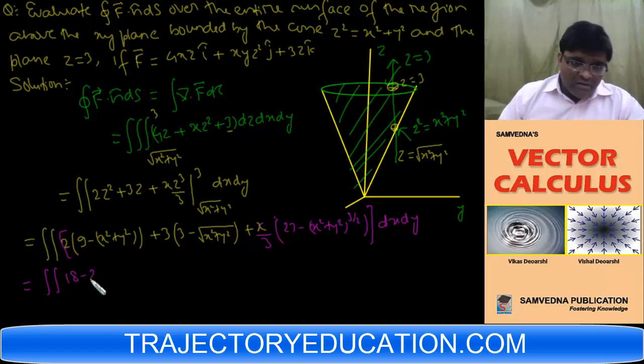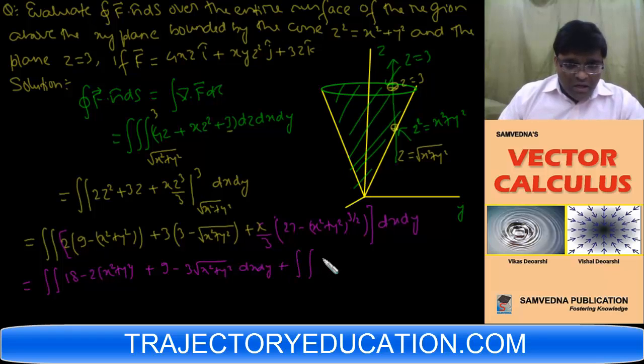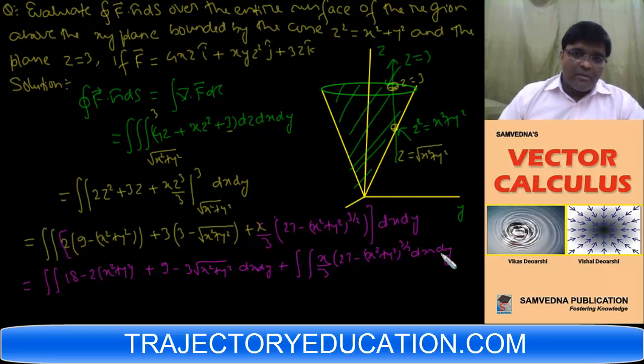This becomes 18 minus 2 under root x square plus y square, 9 minus 3 under root x square plus y square, dx dy, and this is x upon 3, 27 minus x square plus y square to the power 3 by 2, dx dy. First of all, what is the limit of this double integral?